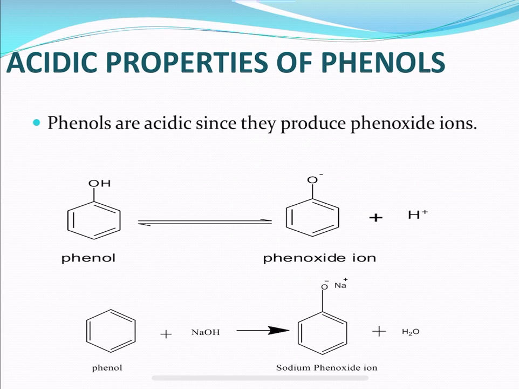NaOH is a base. By taking this example, we can understand the acidic properties of phenols in a better way. As I said, when phenols react with water molecules, they get converted into ions: a proton in the form of H plus, and a phenoxide ion.